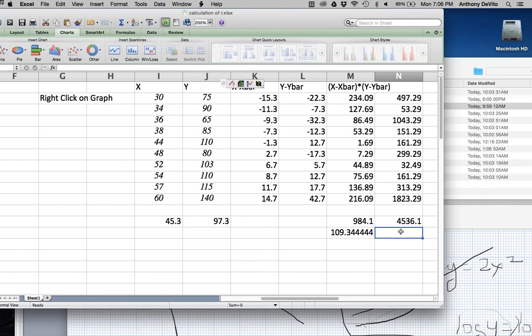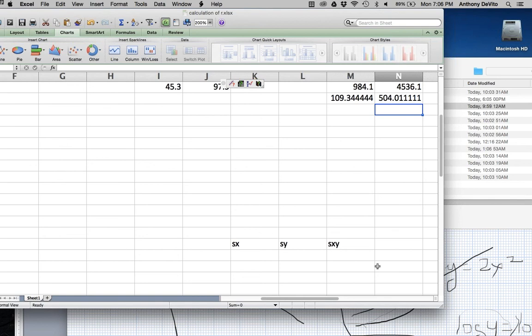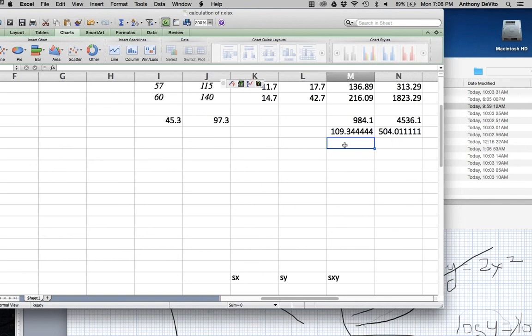And this is going to be equal to the sum of squares divided by 9. Okay, let me see if I've forgotten anything there. Next thing I'm going to do is take the square root of that. Okay, and I'll take the square root of this.